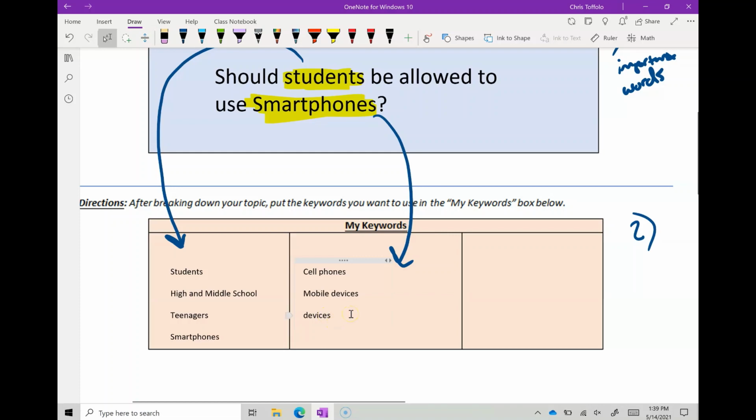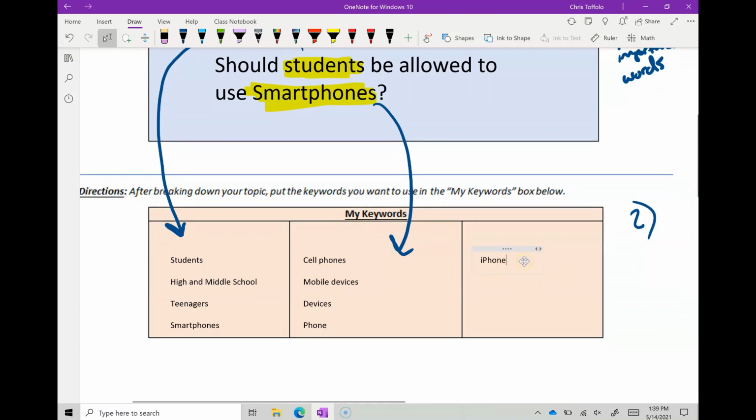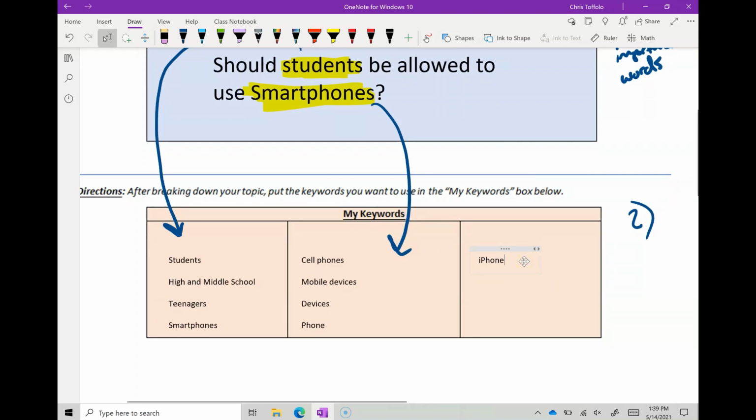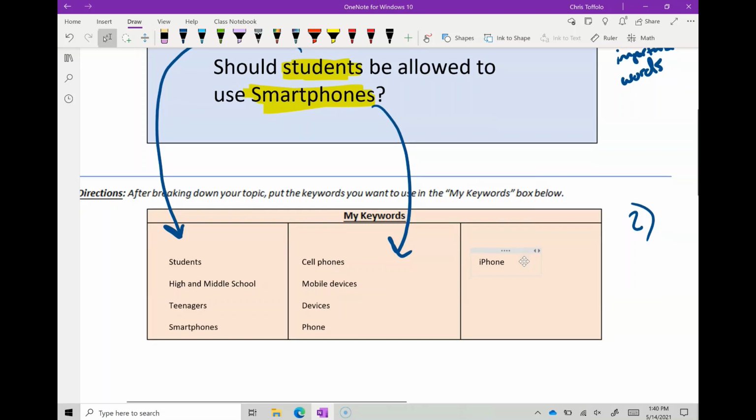So other things that I could use is just simply the word phone. I could even use things like iPhone if I want to just generate some more words. So even just from these two words right here of students and smartphones, I have now 1, 2, 3, 4, 5, 6, 7, 8, 9 keywords that I could use to put in here.